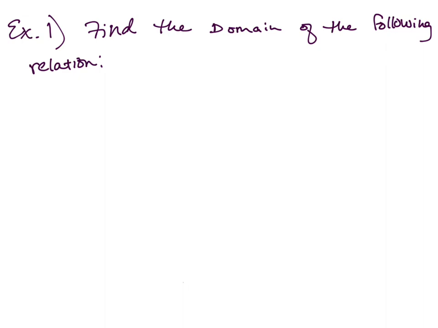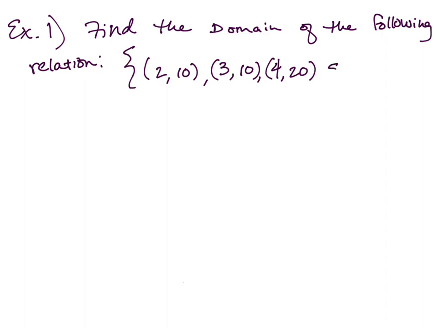And so we've got this set of ordered pairs. By definition, that's what a relation is. It's a set of ordered pairs. (2, 10), (3, 10), (4, 20), (5, 30), and (6, 40).